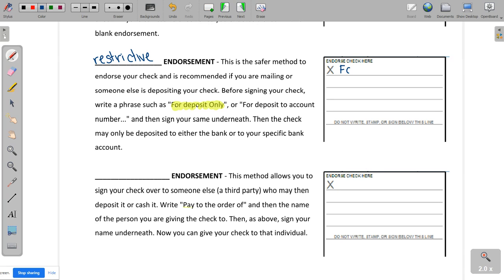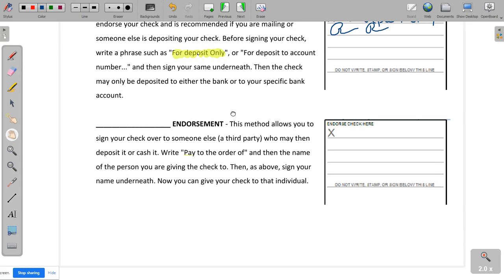So let's do that. For deposit only. And then we're going to sign our name. So this way, when it says for deposit only, this check can only be deposited into a bank account. It cannot be cashed. So it stops somebody from finding the check and taking it to a bank to get it cashed.